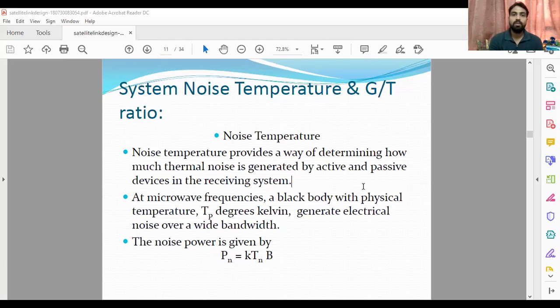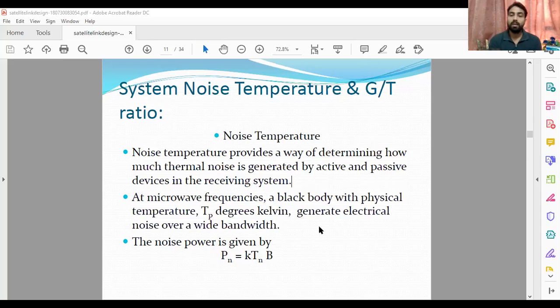So at microwave frequency, a black body with physical temperature Tp degrees Kelvin generates electrical noise over a wide band. Microwave frequency means a frequency in the order of 3 to 300 gigahertz.